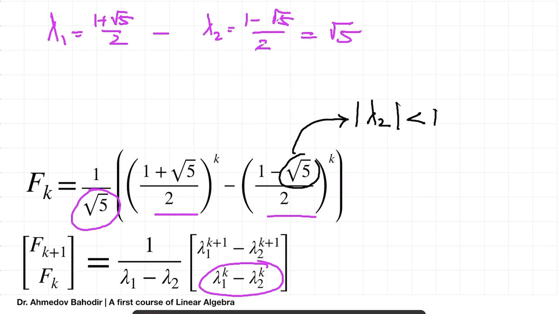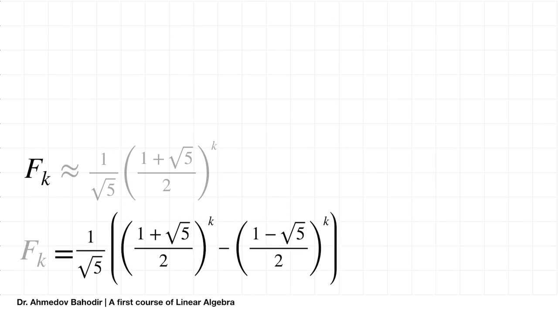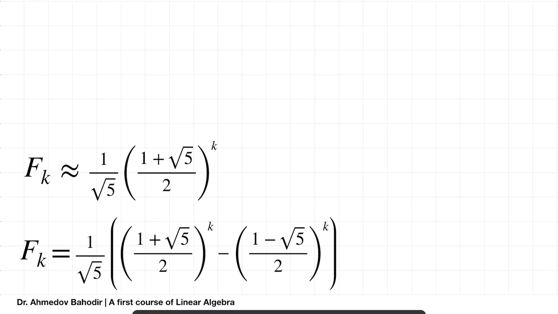And this number, lambda 2, is going to be raised to some power k, right? And as k goes to infinity, so for large values of k, lambda 2 to the power of k is simply going to be equal to 0. So we can basically neglect the second term, and we can write down that F_k is going to be simply equal to 1 over square root of 5 times 1 plus square root of 5 over 2 to the power of k.